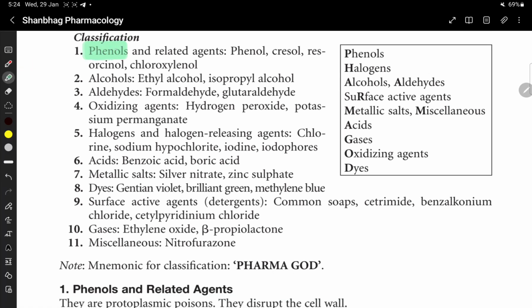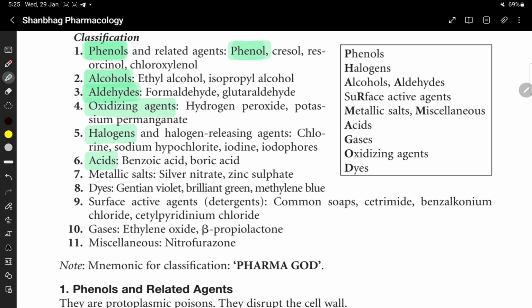Phenols and related agents: phenol, cresol. Alcohols like ethyl alcohol, isopropyl alcohol. Aldehydes like formaldehyde, glutaraldehyde. Oxidizing agents like hydrogen peroxide, potassium permanganate. Halogens and halogen releasing agents: chlorine, sodium hypochlorite, iodine and iodophores.